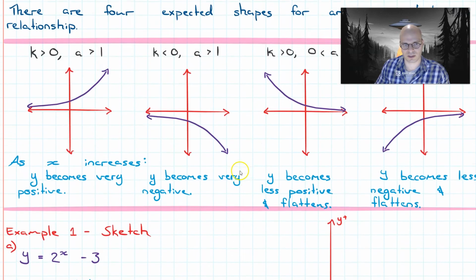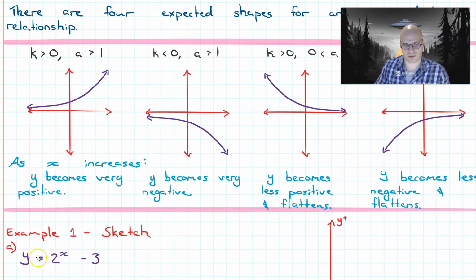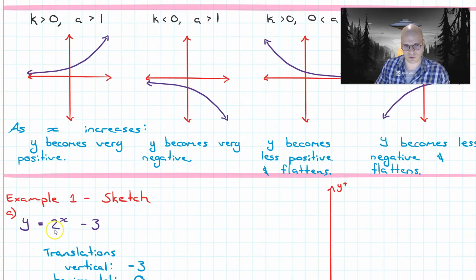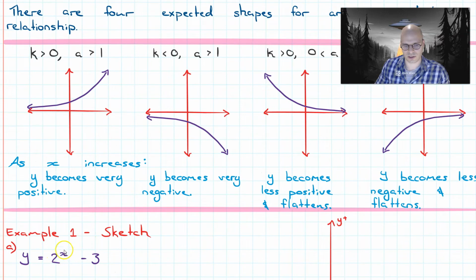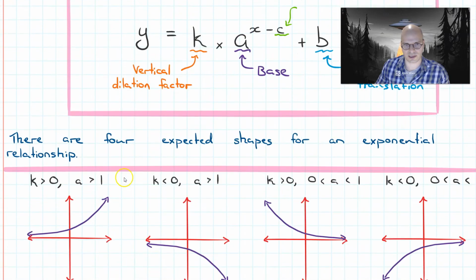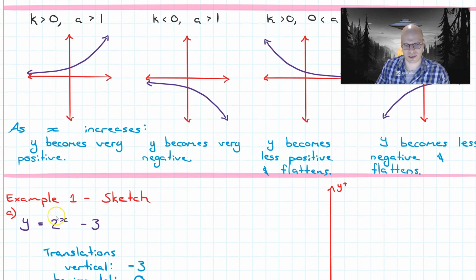And now because I've only got a single point marked, I'm going to match what I expect the shape to be over here. Now looking at this, I've got 2 to the power of x minus 3. So what I really need to focus on is this term within the expression here, so 2 to the x. So I can see that my k is implied as 1, so it's a positive k, and my base over here is positive.